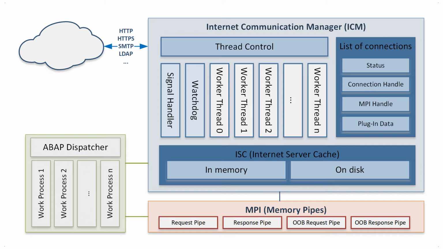Besides, the dispatcher and ICM also communicate directly when needed. For example, when ABAP wants to initiate a connection to the outside, or when the worker thread has to put a task in the dispatcher's queue. It is perhaps worth mentioning at the end that worker threads can support different protocols, thanks to a mechanism of dedicated plugins. We have already discussed the entire diagram.